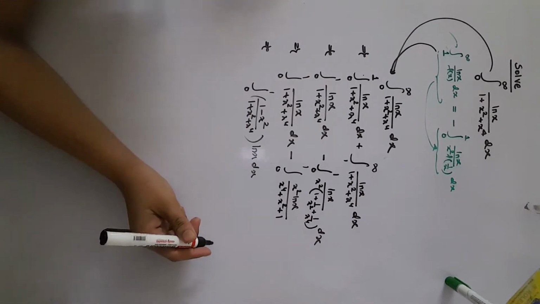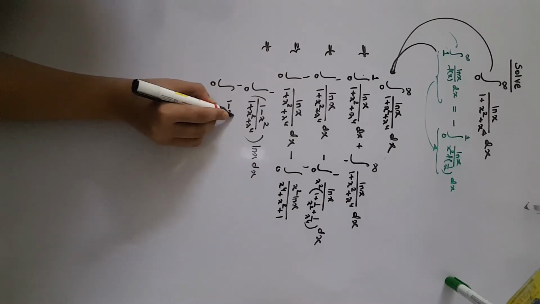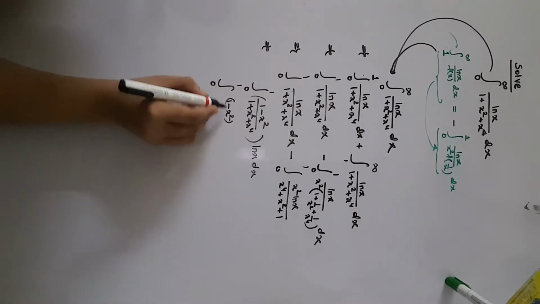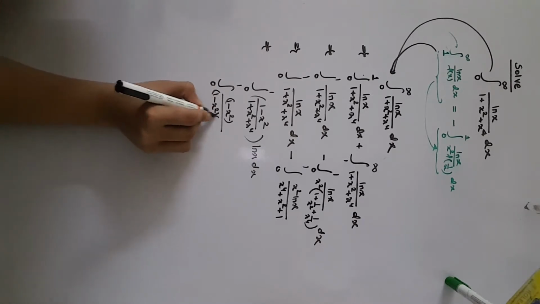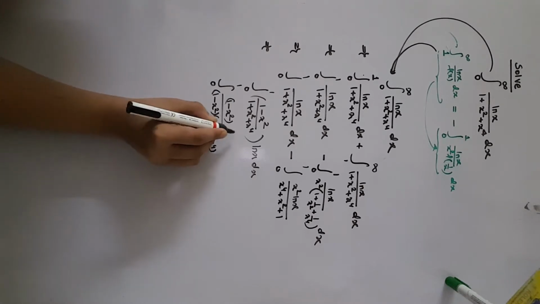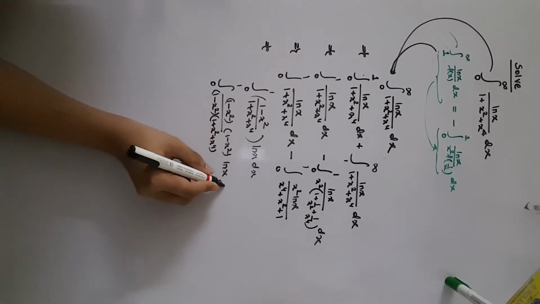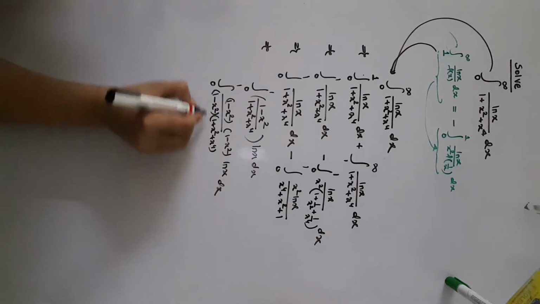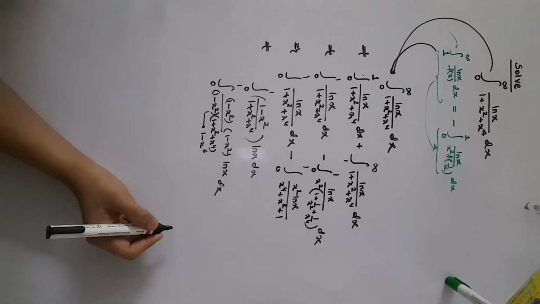Okay, now what we can do is multiply 1 minus x square again. Why? Because when we multiply 1 minus x square again in both the numerator as well as the denominator, this whole thing will turn into 1 minus x to the power of 6.